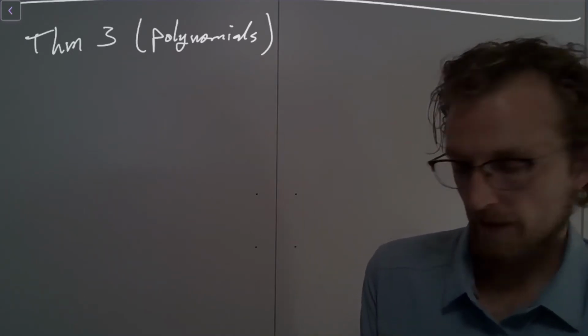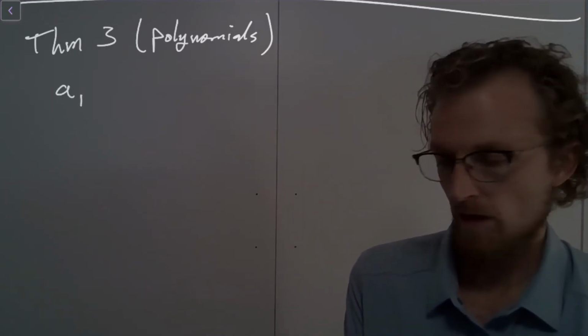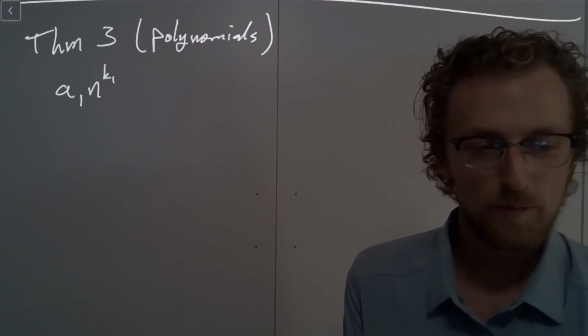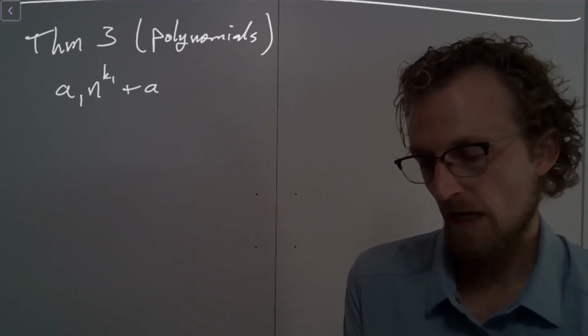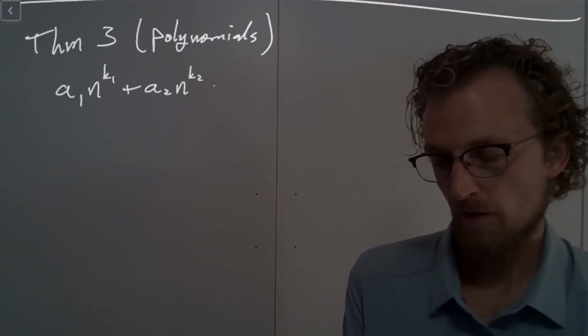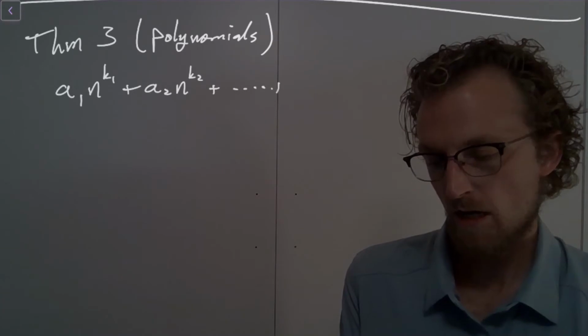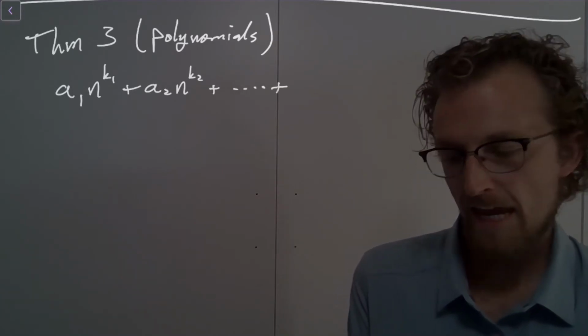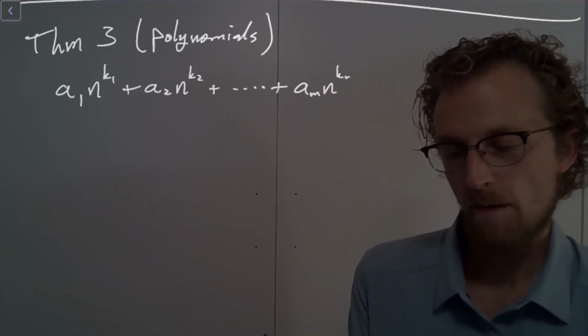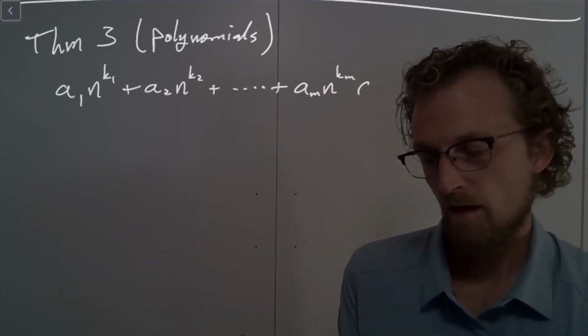Here's the fact. a1 n to the k1 plus a2 times n to the k2 plus, and so on, plus am n to the km is the following.